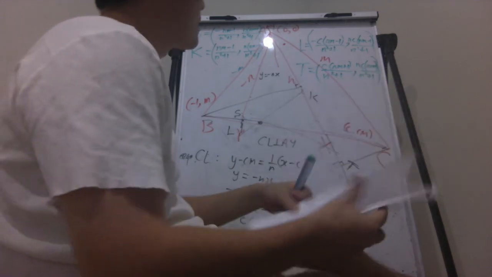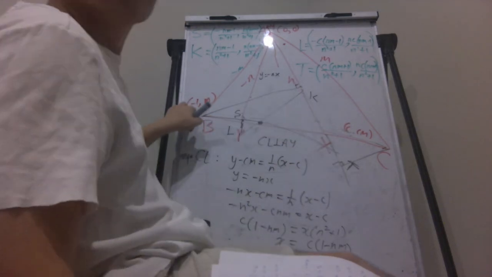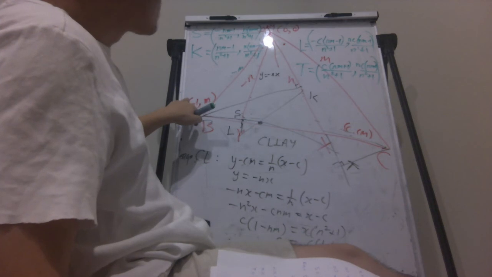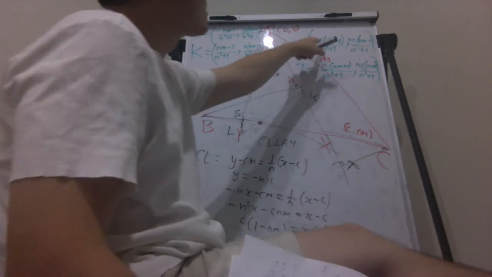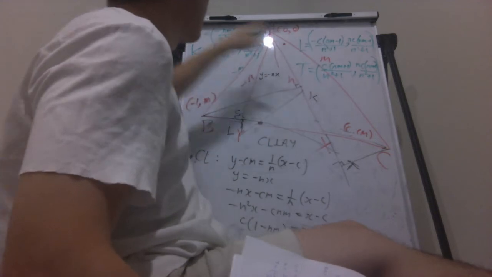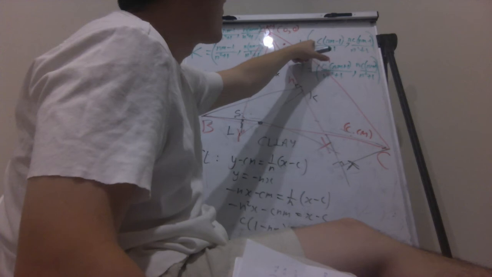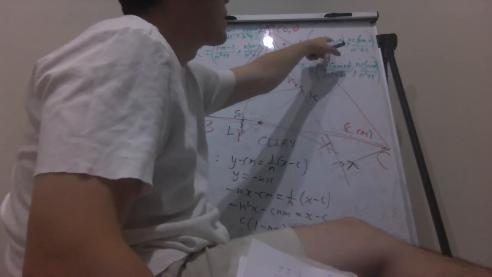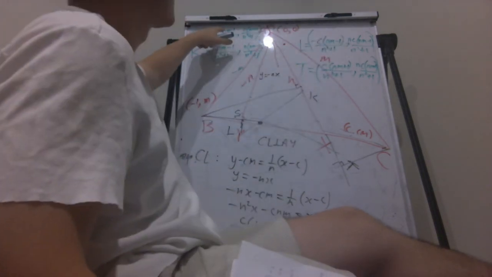Actually, if you did this first, you could sub in c equals minus 1, and m equals minus m. You should get back this. So if you subbed in c equals minus 1, so that's 1, and then m equals minus m, you get minus nm minus 1. That's what you got here, right?